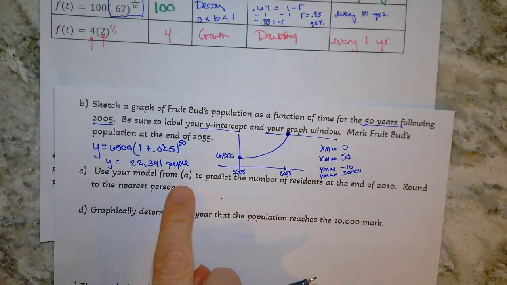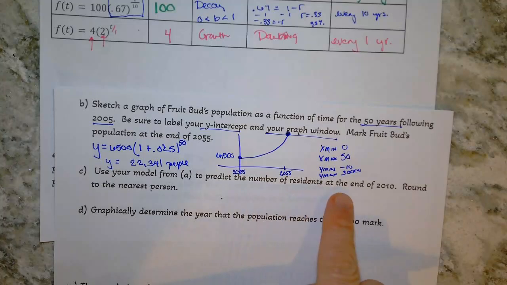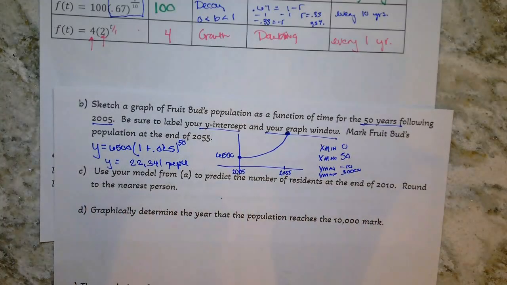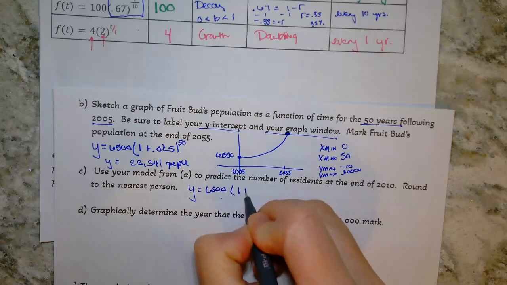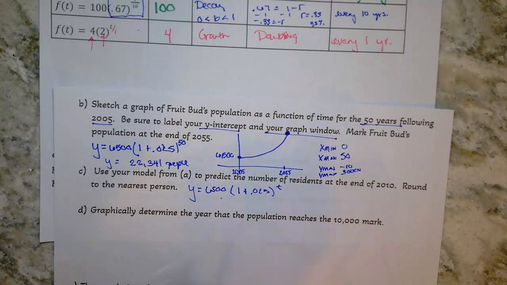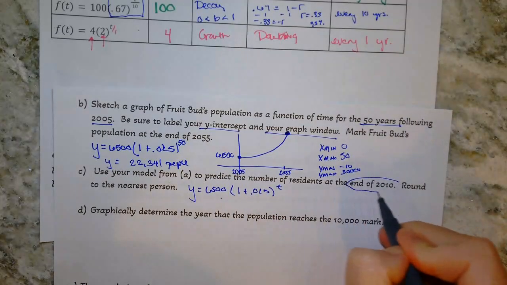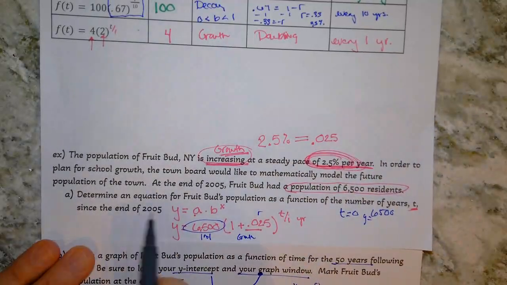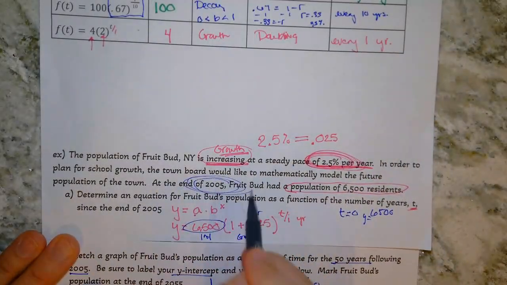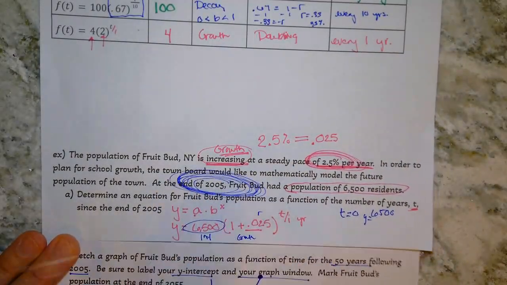Part C says, use your model from Part A to predict the number of residents at the end of 2010. Round to the nearest person. All right, so let's start with our formula. 6,500 times 1 plus 0.025 to the t. Now I want 2010. Okay, now think about this. This represented the population at 2005.